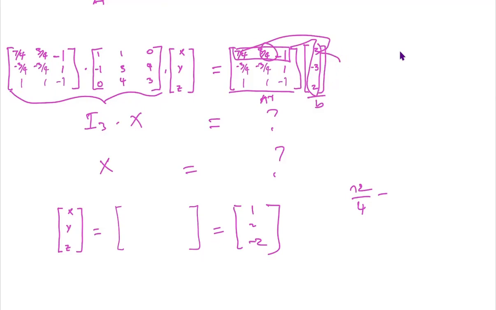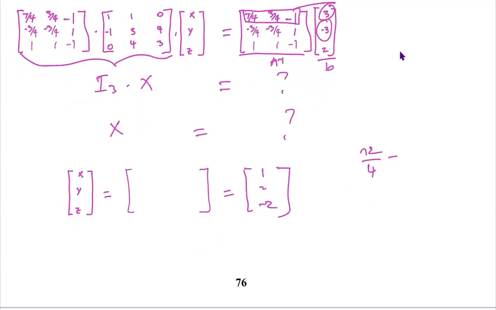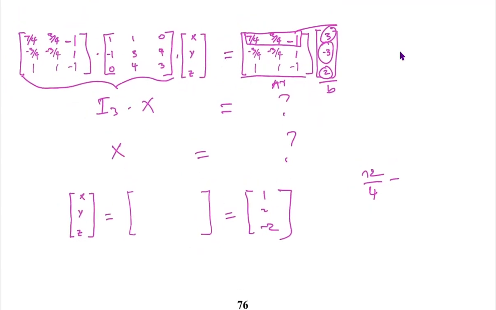So first row: 7/4 times 3, that's 21 over 4. 3/4 times negative 3, that's negative 9 over 4. And then negative 1 times 2, that's negative 2. Okay, so that's the first row.